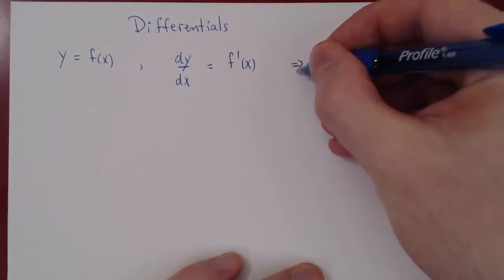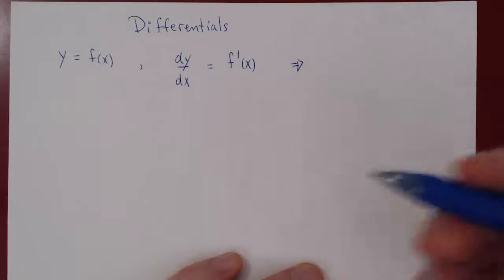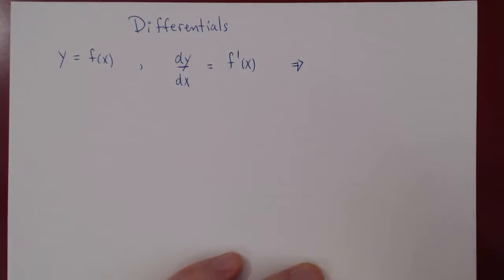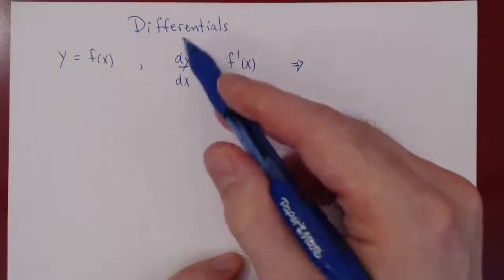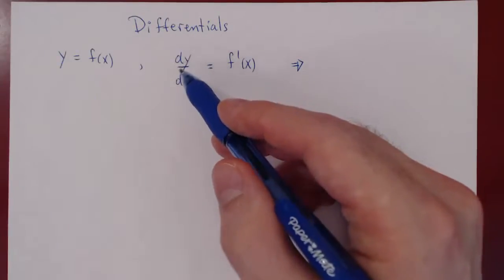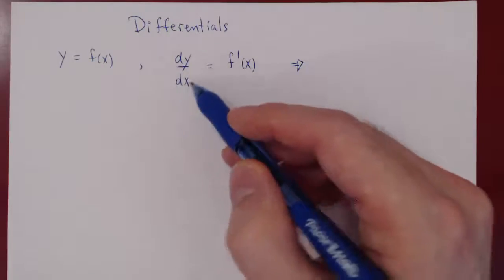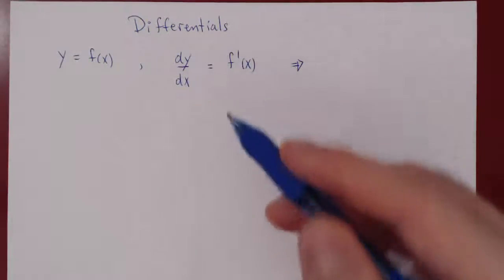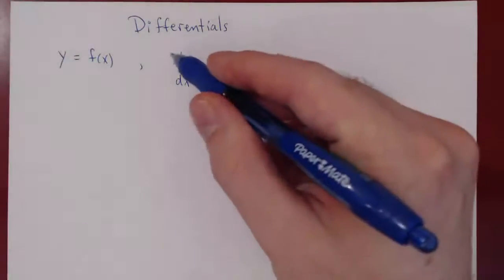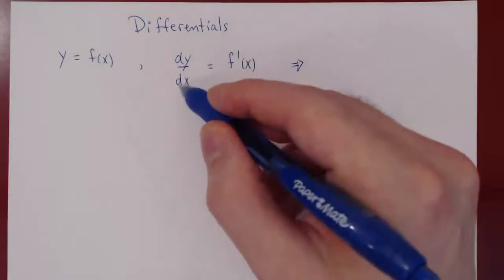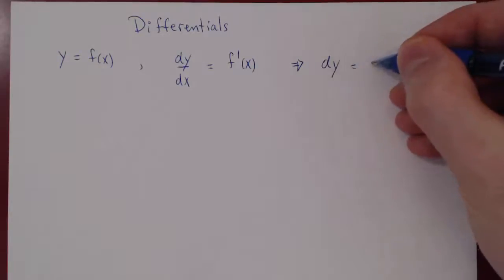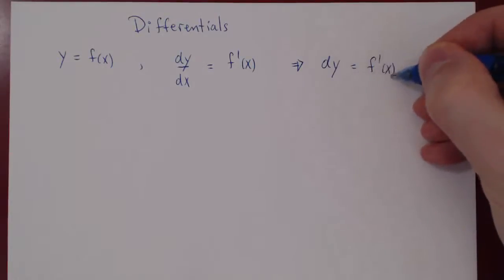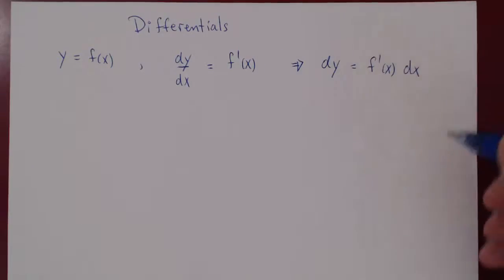If you remember, the Greek letter delta stands for change, but the Greek letter delta is just a d. So this means change in y over the change in x, right? This is the slope of the tangent line. So the change in y over the change in x is the derivative, the slope of the tangent line. If all we want is the change in y, dy, multiplied by dx, and so dy will simply be f prime of x times dx, the change in x.